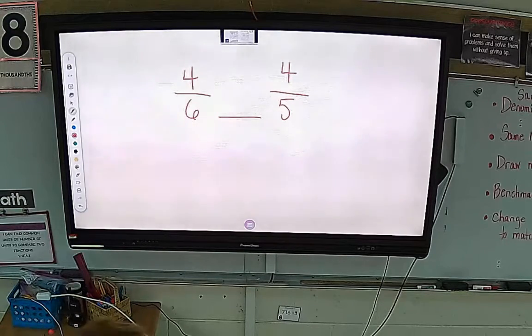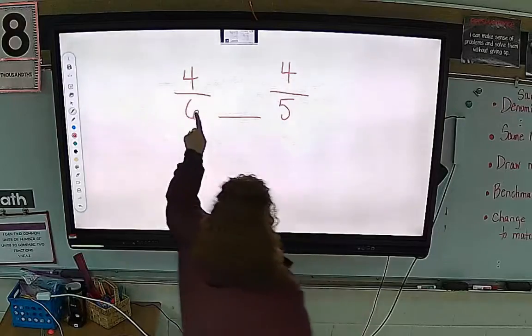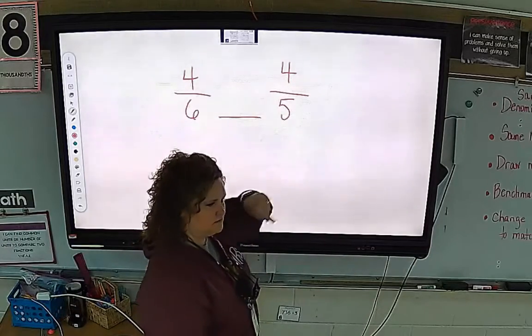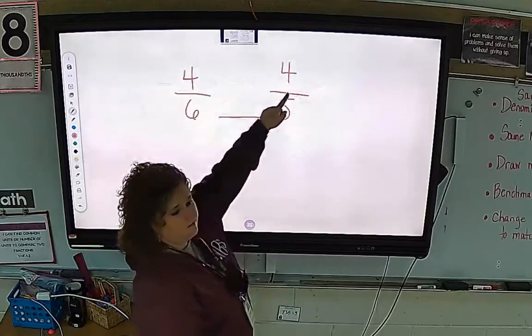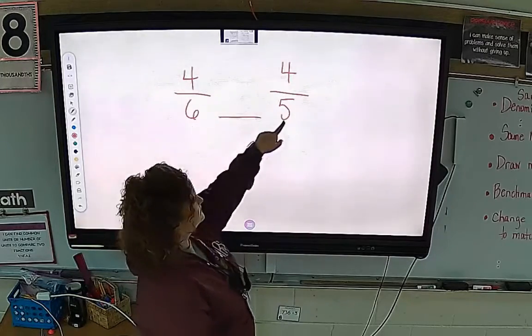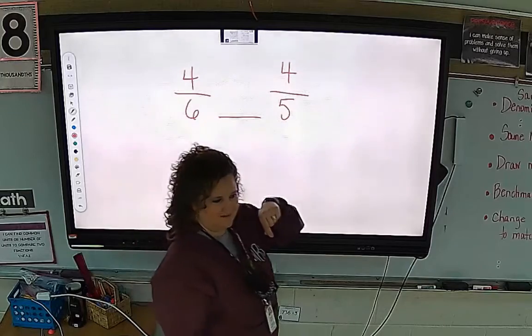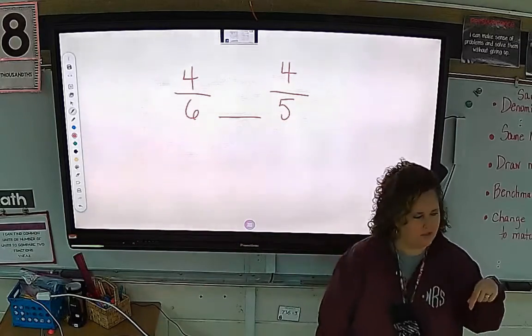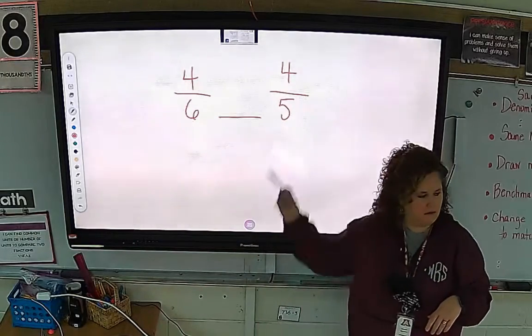4/6 is larger. What do we know about these pieces and these pieces? I've got the same number of pieces of both of them.